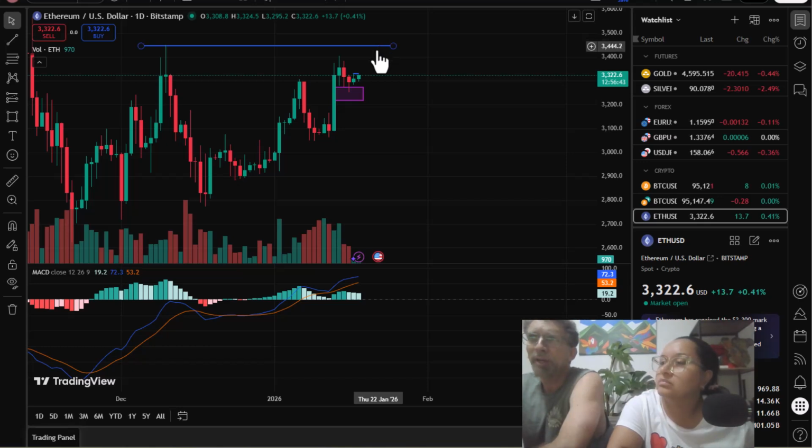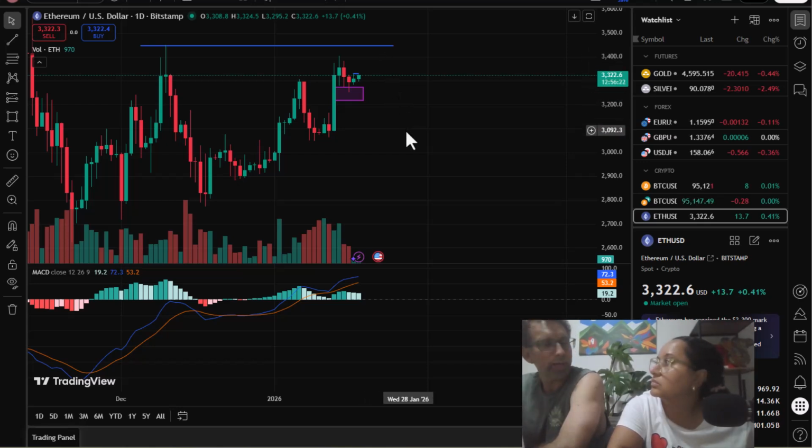But if it hits that blue line and then just comes right back down, it's going to hit this line most likely in the next week. So if you can wait a week, then we'll know, and then you can potentially buy. If it comes back down, then you can buy it on sale at a better price.